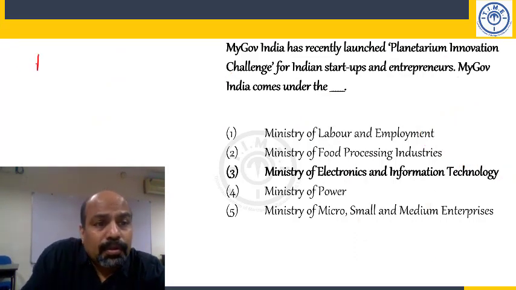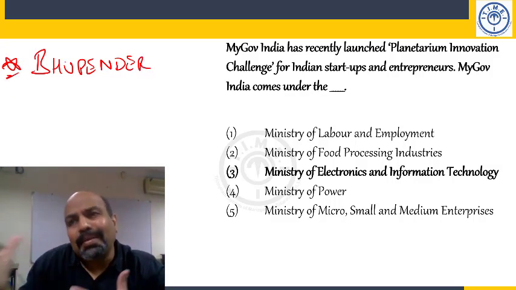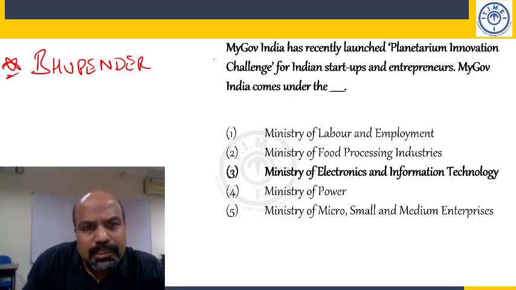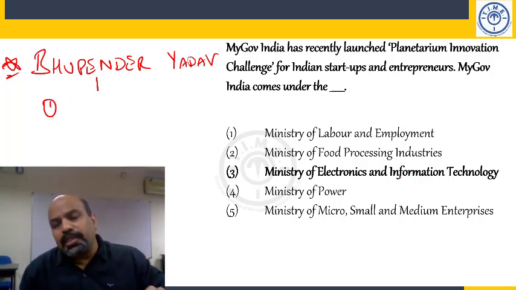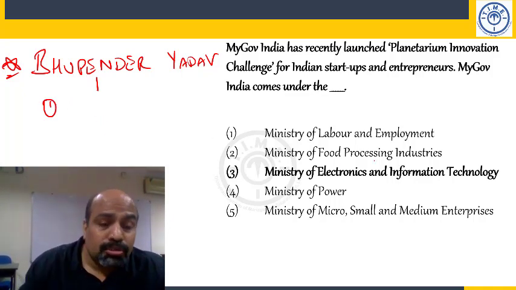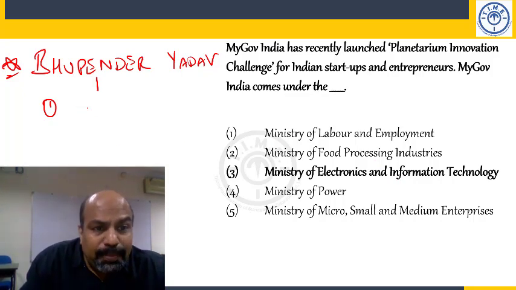Bhupinder Yadav. I'd like to put some star mark or symbol that distinguishes this point from others. Bhupinder Yadav, one, right? Ministry of Electronics and IT. Sorry, Bhupinder Yadav, I'm going one by one. Labor and Employment.